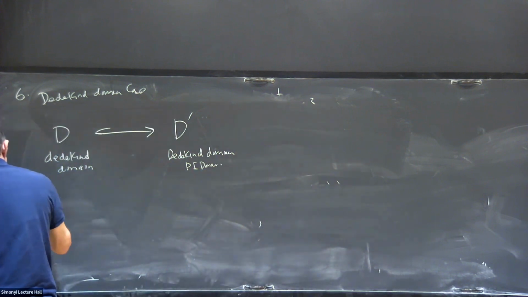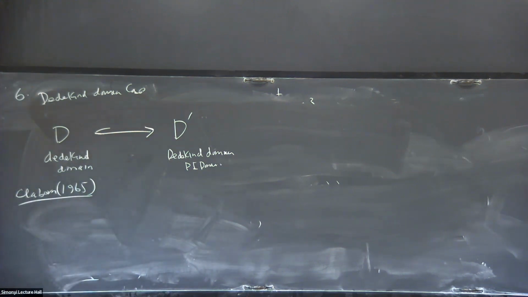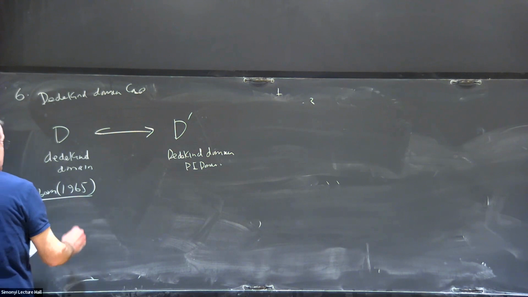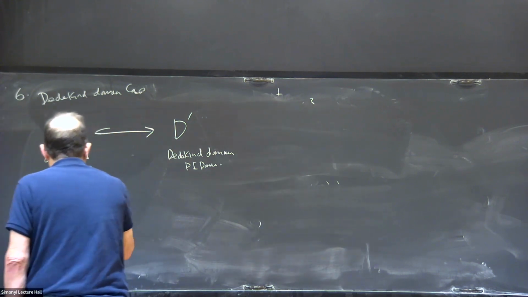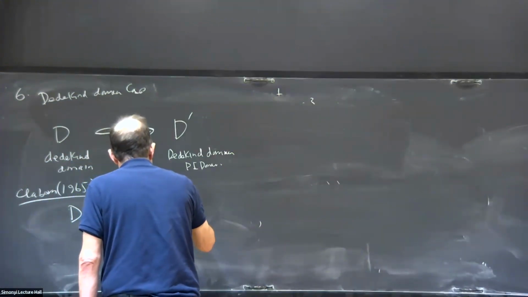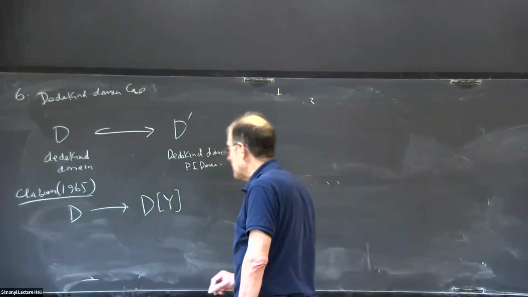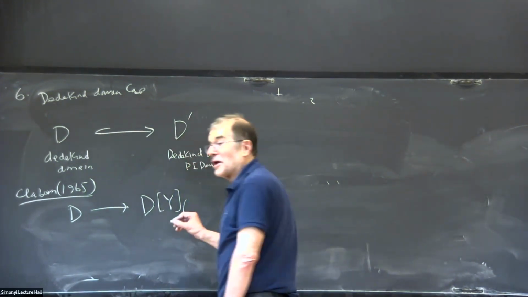And this construction is due to Claiborne in 1965. I'm not sure how his name is pronounced. Someone will have to say. Okay, and this construction is kind of functorial. We take D and we adjoin an indeterminate and take the polynomial ring D[t], and then we invert a whole lot of polynomials.